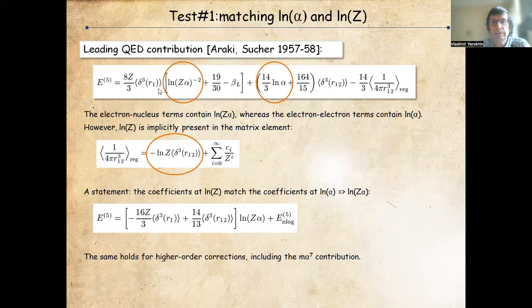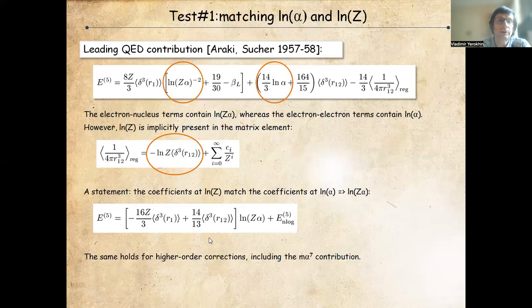Usually, there is an electron-nucleus term which contains log Z alpha, and an electron-electron term with log alpha. However, it is a little bit less known that there is also log Z, which is sitting in the matrix element of a singular operator. And the coefficient at this log Z is exactly the same as the coefficient at log alpha.